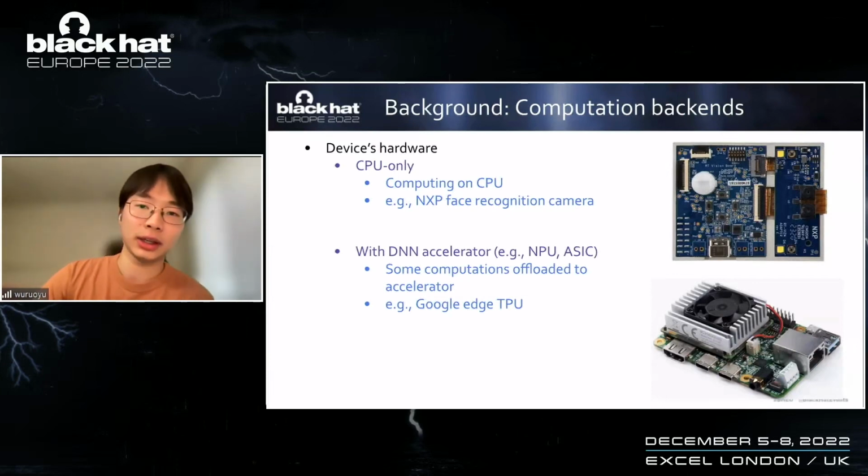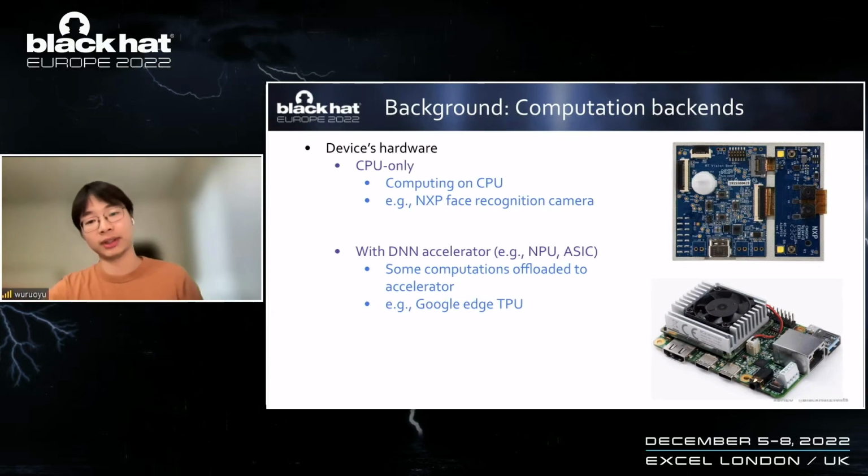And in another dimension, the computation backends, there are two types of backend. One is the device with only a CPU, and the second is the device with an accelerator, such as an NPU, GPU, or even ASIC. For CPU-only devices, all the computation is done on the CPU.